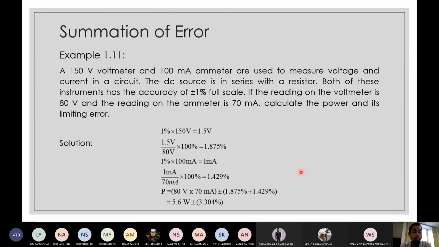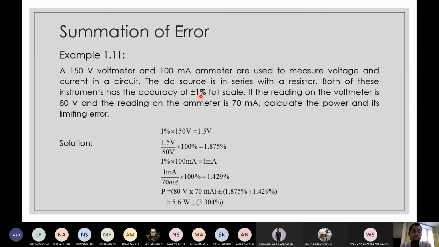Okay, this is another example. You have a 150 volt voltmeter and a 100 milliamp ammeter used to measure voltage and current. Both have an instrument accuracy of plus minus 1% full scale. If the reading is 80 volts and 70 milliamps, calculate the power and its limiting error.